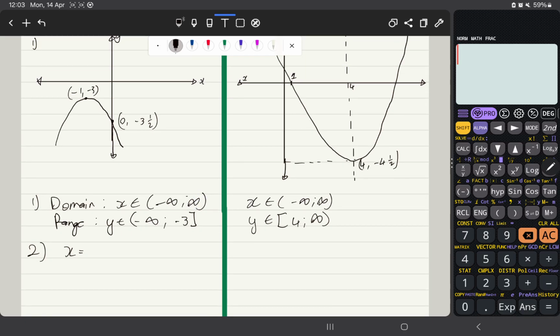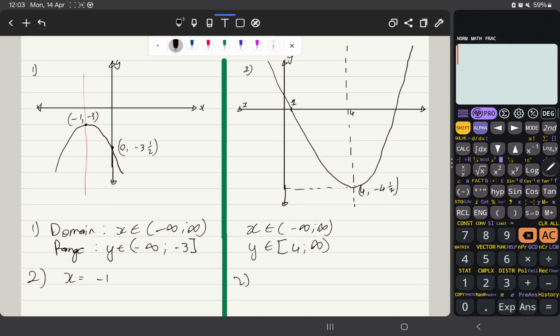You just look at your graph and say -1 is your axis of symmetry, because when we draw a straight line cutting at x equals -1, we have two identical sides on the left and on the right. For the second graph, it's going to be x equals 4.